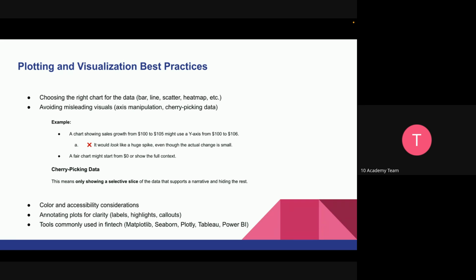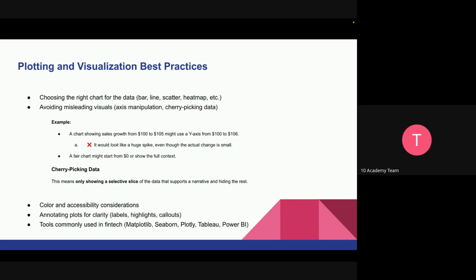When we say axis manipulation, for example, if you are showing sales growth from $100 to $105, but on your y-axis you use just the range from 100 to 106. In the business world, sometimes this $1 gap might give them the idea that there is some kind of spike that happened within that period of time, which can trigger some unnecessary emotions.